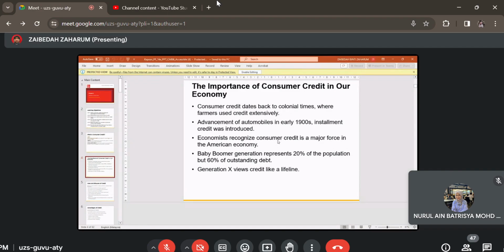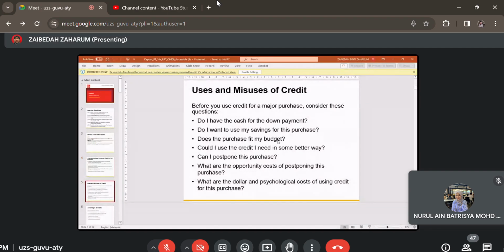Alright, so we look at the uses and misuses of credit. Dekat sini before kita nak use credit for a major purchase, we have to look at the questions we have to ask ourselves.